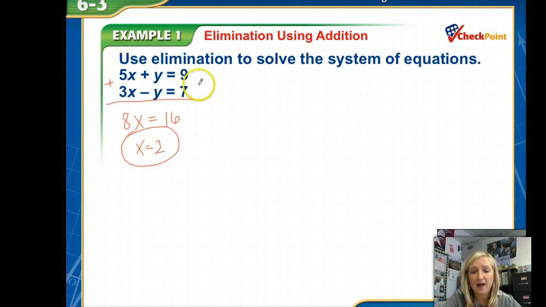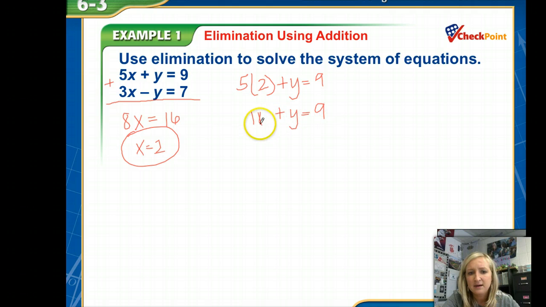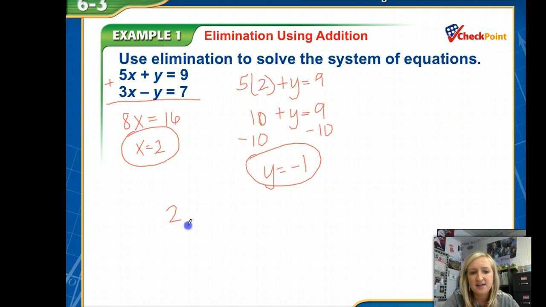Now the same rules apply, just like substitution. We need to figure out what our y value is. You can plug it into either equation. 5 times 2 plus y equals 9. So 10 plus y equals 9. Subtract the 10 from both sides, and we get y to equal -1. So where do these two graphs intersect? They intersect at 2, -1.